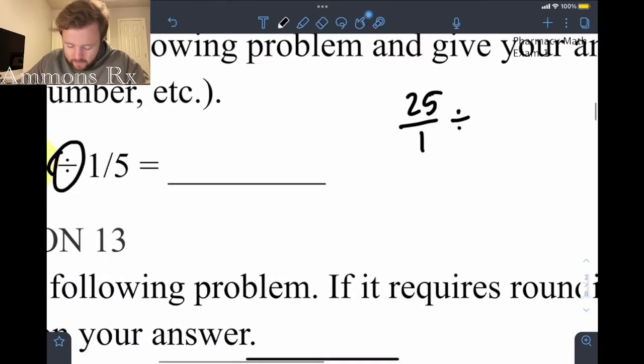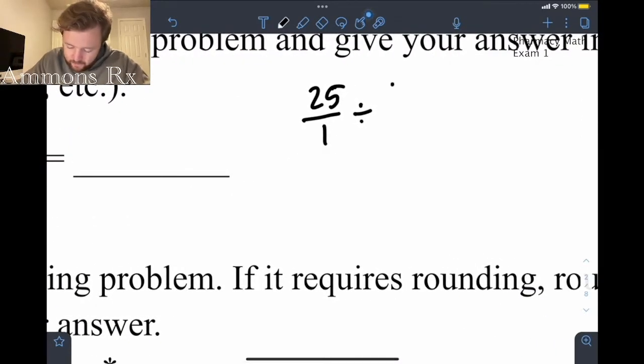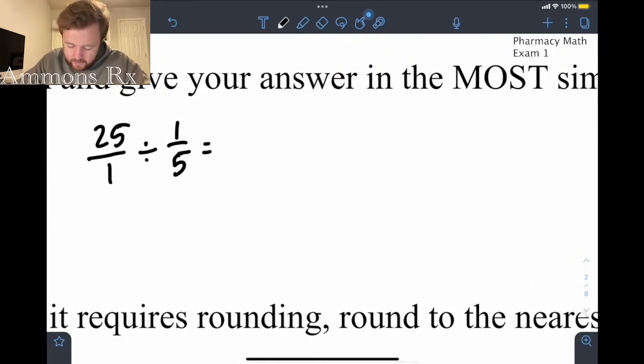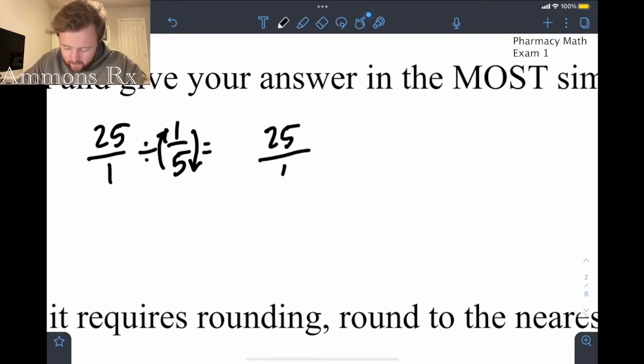And we say divide by 1/5. So there is a special rule about division, and it involves the reciprocal of the divisor. So that turns into 25 over 1 times 5 over 1.